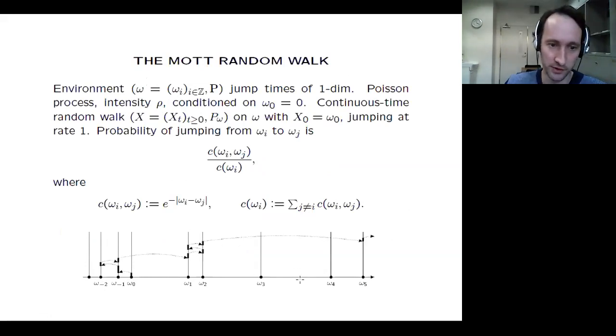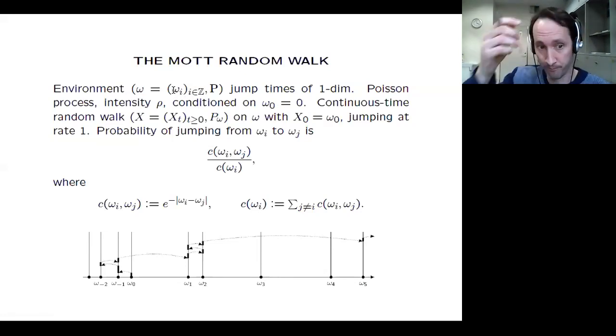Just for convenience, we assume this is sampled according to its Palm measure, so we'll have a particle at 0 here. In particular, all of the gaps between these sites, sorry, rather than particles, are exponential random variables, of course.